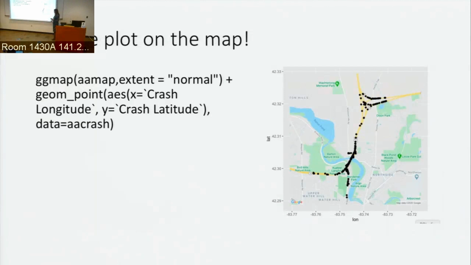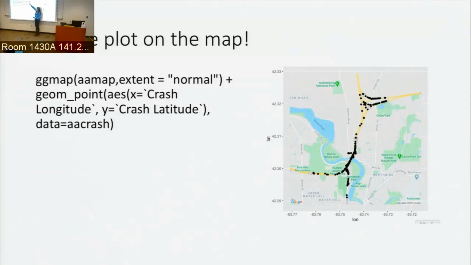You're going to start with calling ggmap and putting AAMap in as the map variable. There are some options here for how the map should look. We're just going to use the normal, which I think is default, but you can specify extent equals double quote normal.